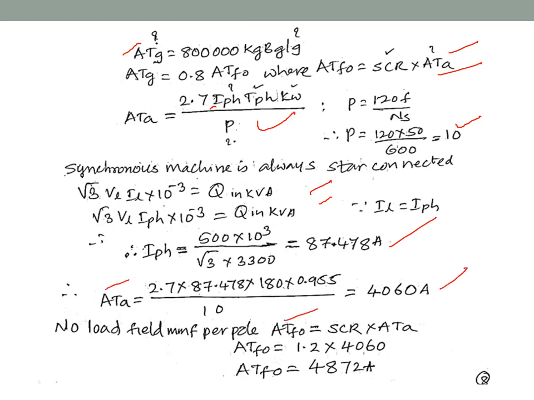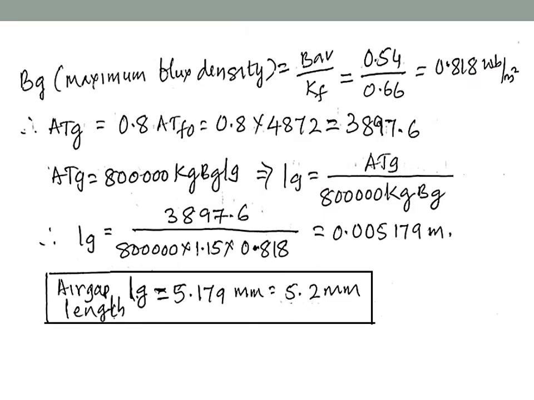So ATF naught you find out. SCR 1.2 is given. ATA you substitute here. Once you get ATF naught, substitute here, and you find ATG. So this ATG you know, this you know, this you know, so LG, which is unknown, can be found out. Now BG, this is the maximum, is B average by KF, 0.818 Weber per meter square.